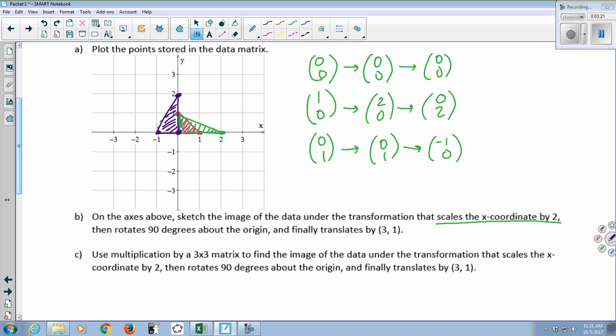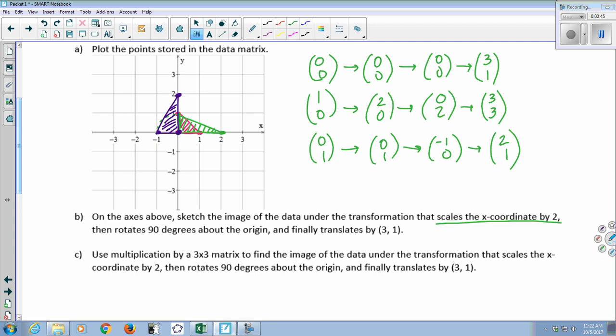All right, finally, translate it by 3, 1. So that means move it right 3 and up 1. So 0, 0 is going to go to 3, 1. 0, 2 is going to go to 3, 3. And negative 1, 0 is going to go to 2, 1. Just add 3 to the x's and 1 to the y's.